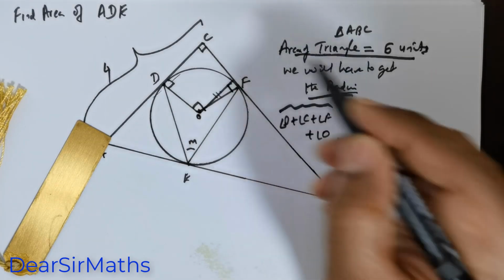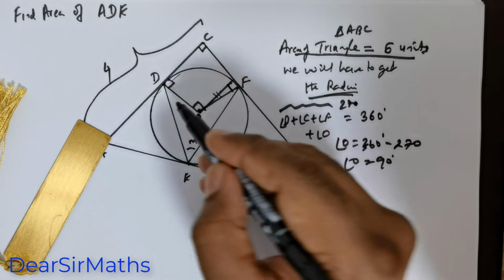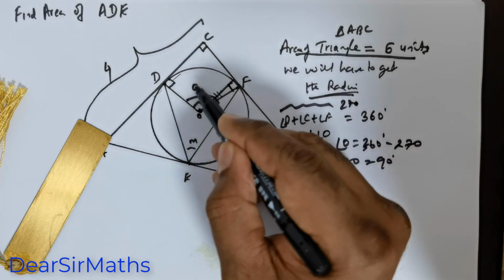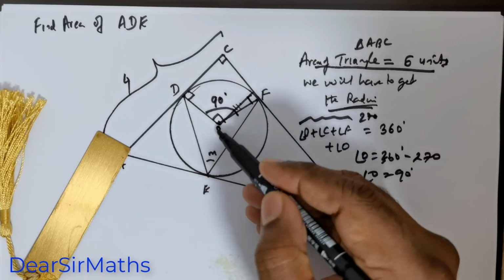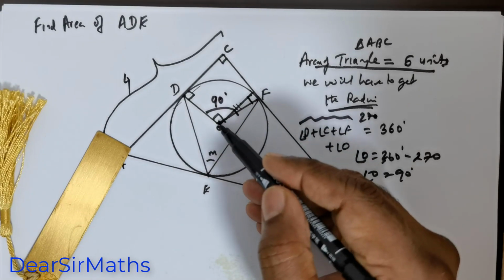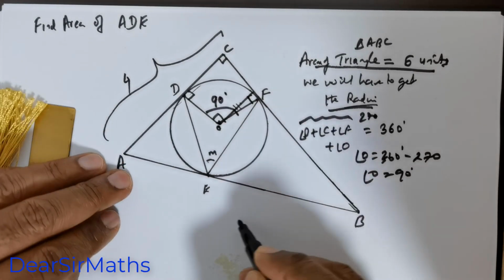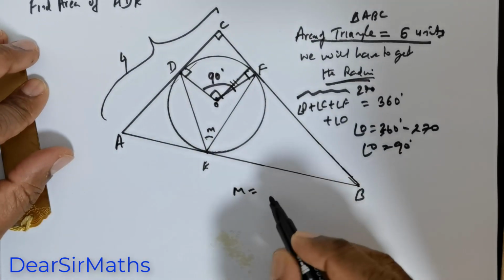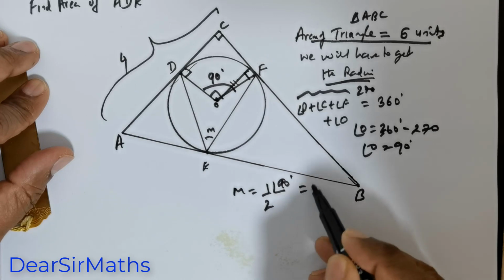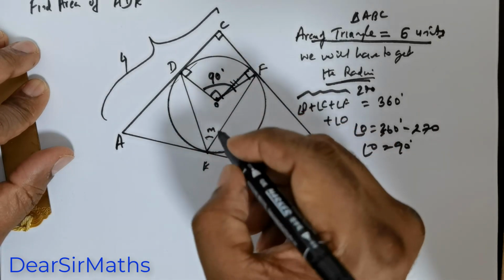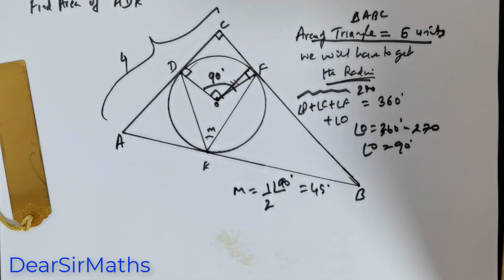So this central angle which we have obtained is 90 degrees. Now since we have a central angle and since M has to be found, M is nothing but half of 90 degrees, which is nothing but 45 degrees. So M is 45 degrees, right?